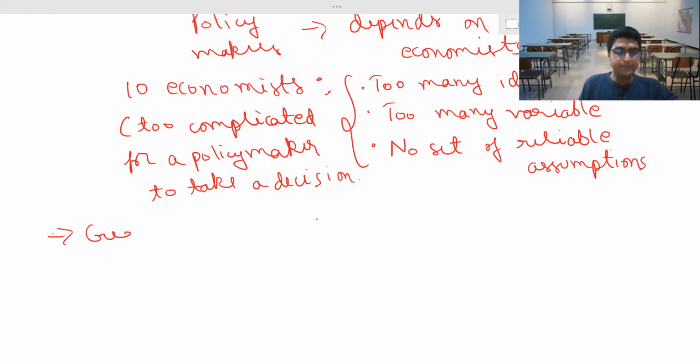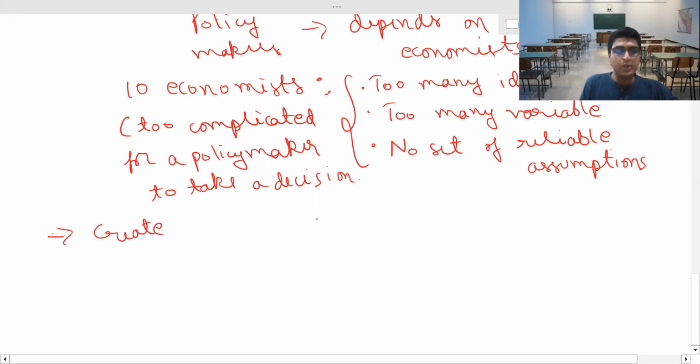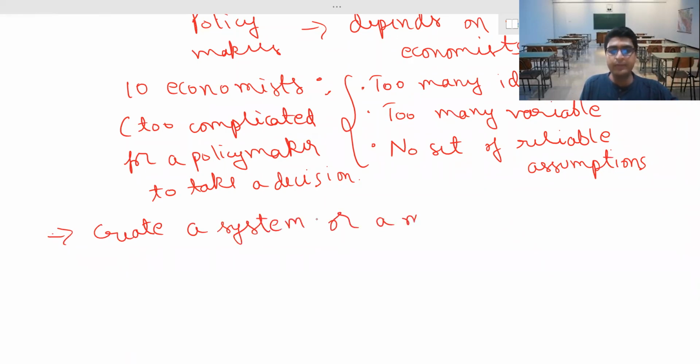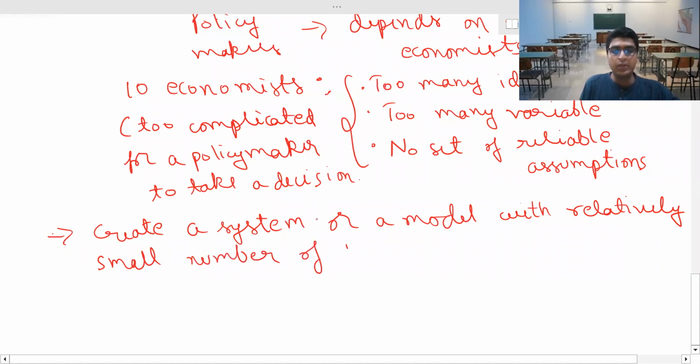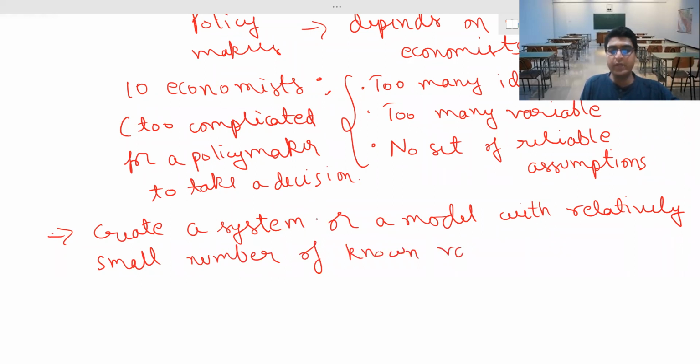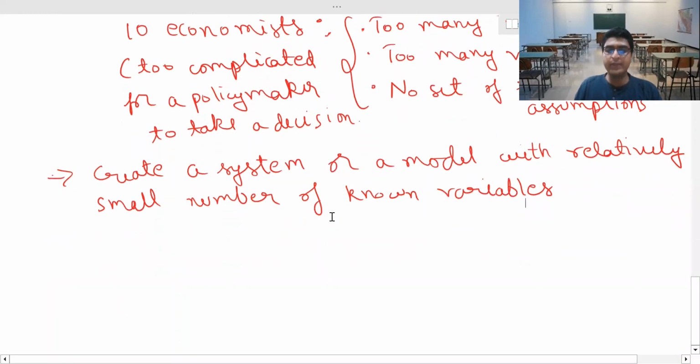So basically, you need to create a system or a model with a relatively small number of variables. I should say, small number of non-variables, because there are a lot of variables you aren't aware of, or you don't have any data about them. Okay, so if you don't have the data, then that variable is useless for you.